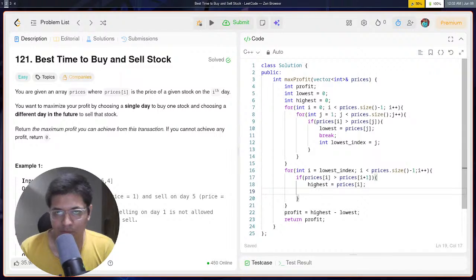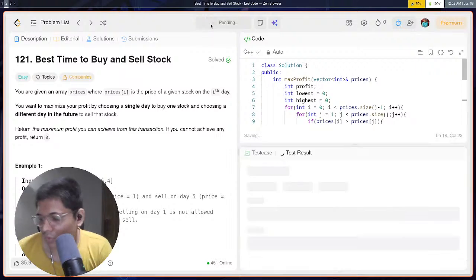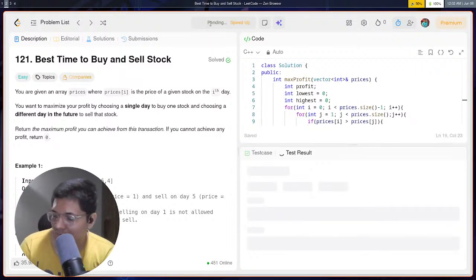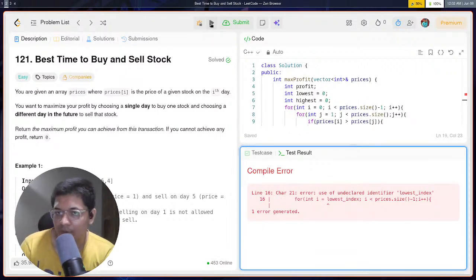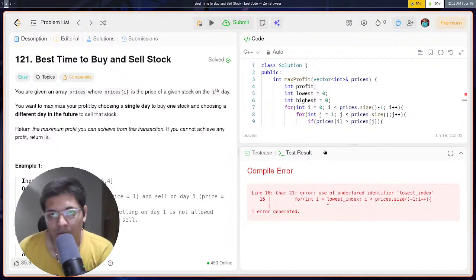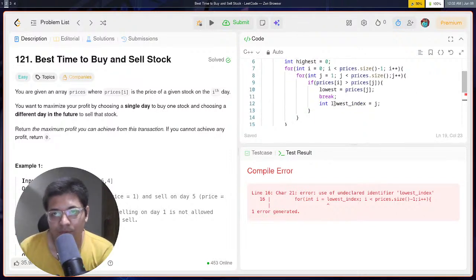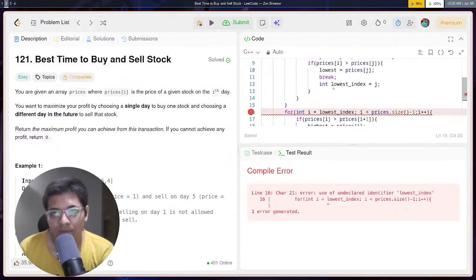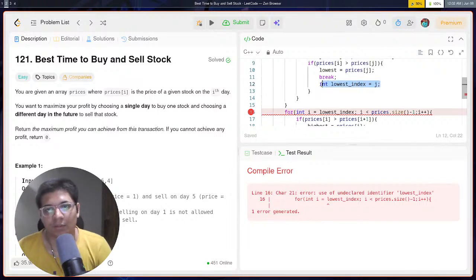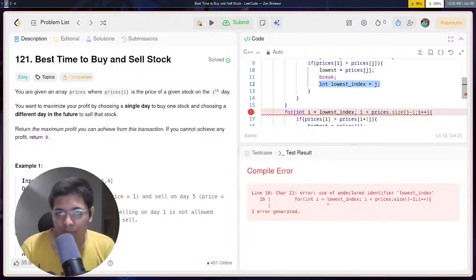I think this should work. It's just that we have time complexity of O(n squared) plus O(n). Wait. I have to declare in the global scope.